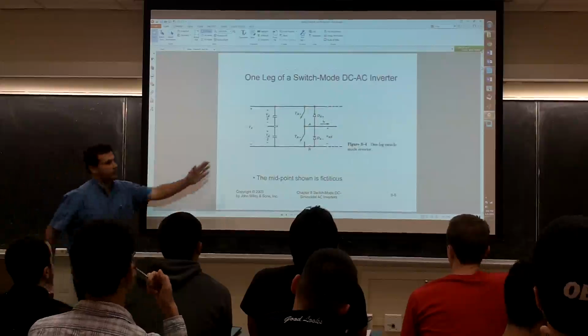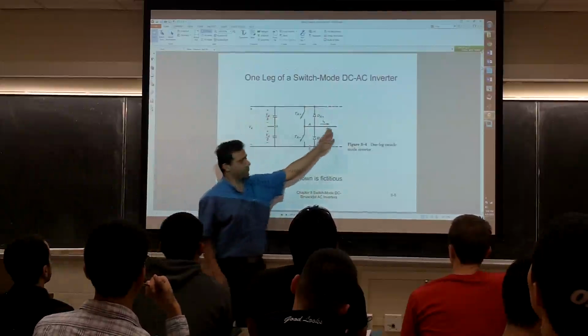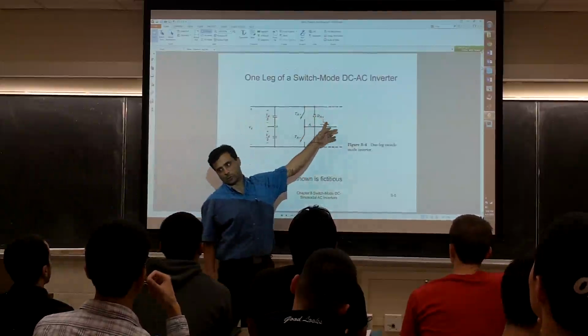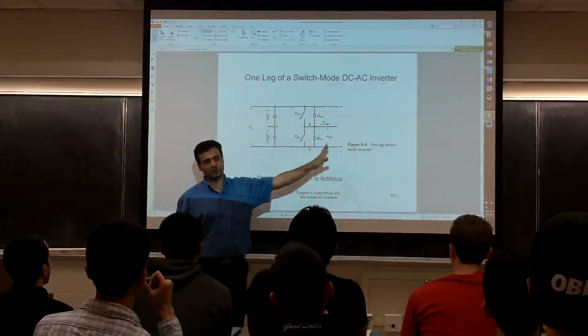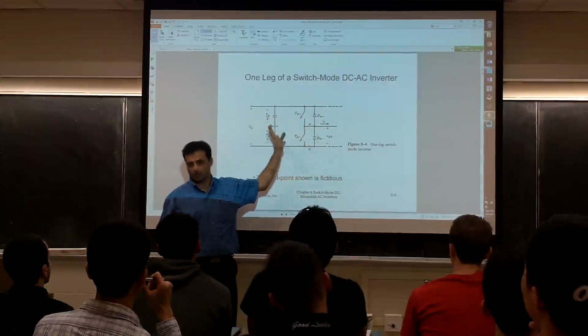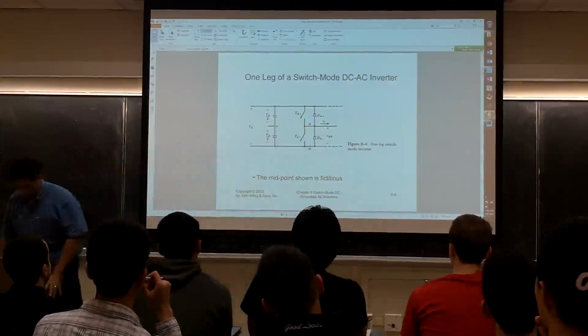Remember, this is the half bridge. This is the VD1 and this is the source here. This is the leg A switch anti-parallel with the diode. He derived this because later on he's going to use it for a full wave, full bridge, and 3-phase. They are going to be all similar. He's drawing it this way.